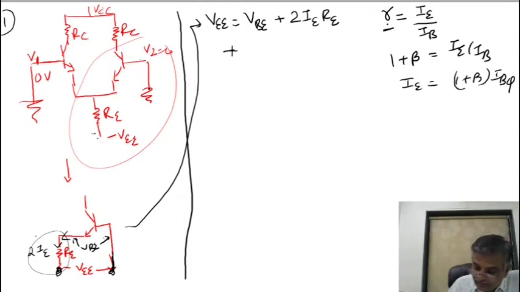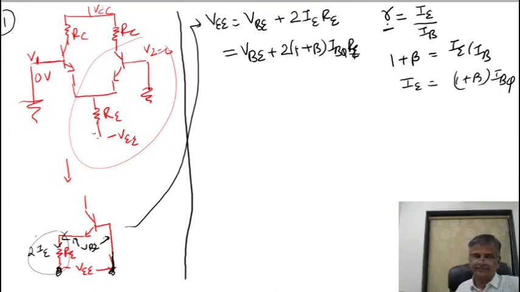So I am putting this value here: VBE plus 2 (1 plus beta) into IBQ into RE. This value I have put in this equation.